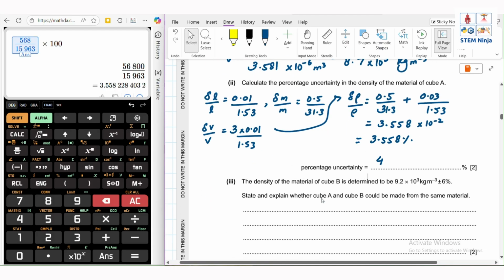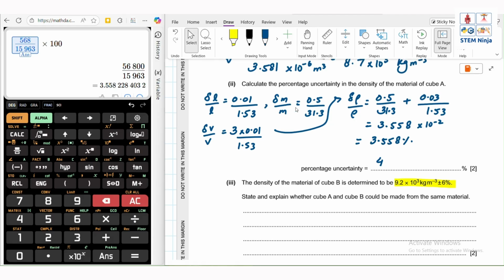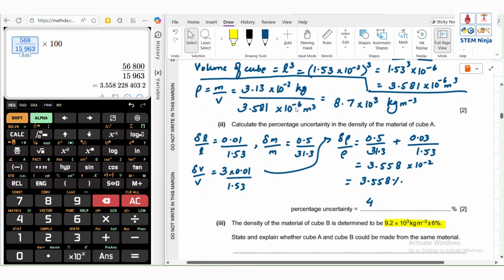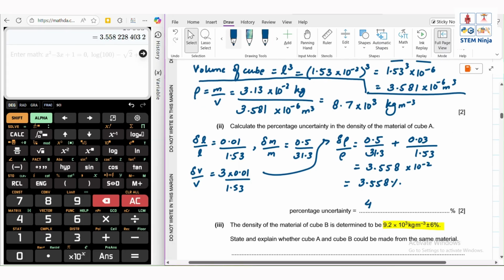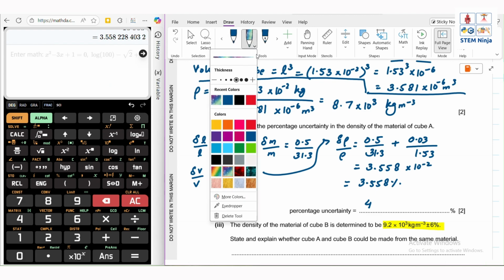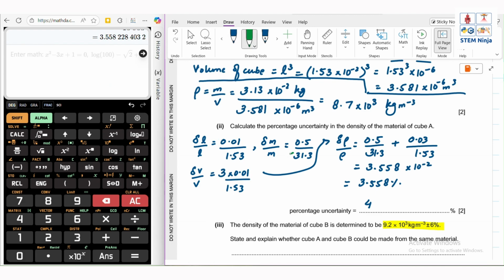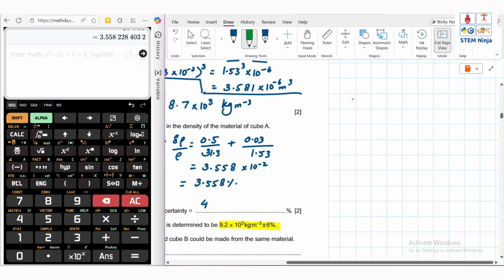Okay. The density of the material of cube B is determined to be 9.2 × 10^3 plus or minus 6%. State and explain whether cube A and cube B could be made from the same material. Now, how we can actually do this is by working out the range of the values that we have for A and B. Let's write on the right side over here.